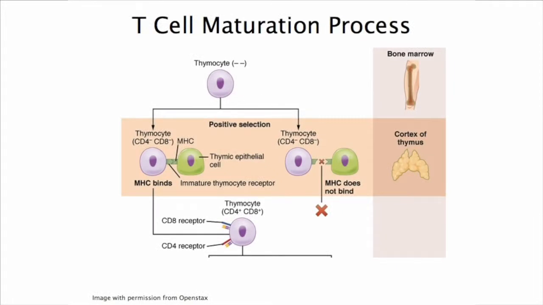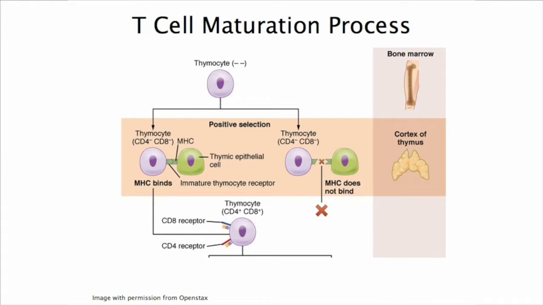If their particular receptor can't bind to MHC, they flunk the test, they're killed. Done, dead, can't go on. This is a brutal school. So all of the T cells that have defective receptors that can't recognize MHC, they're not ever going to be able to do their job and recognize antigens presented.